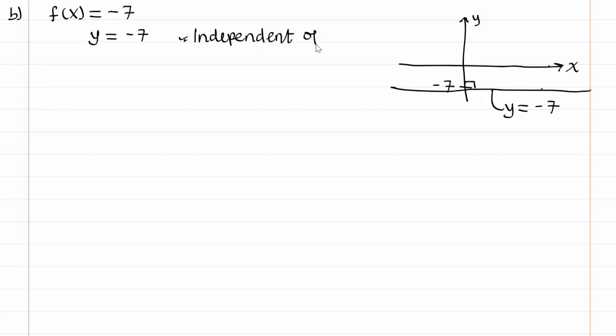And therefore, what is the domain? Domain is a set of the values of x. And in this case, regardless of the value of x, the value of y will always be -7. Therefore, our domain will be a set of all real numbers.